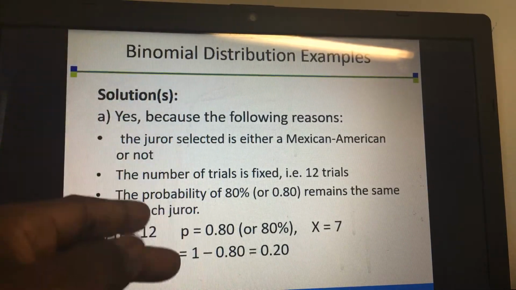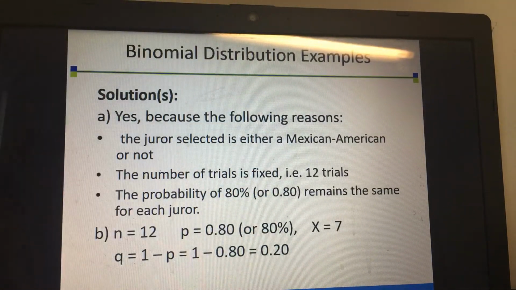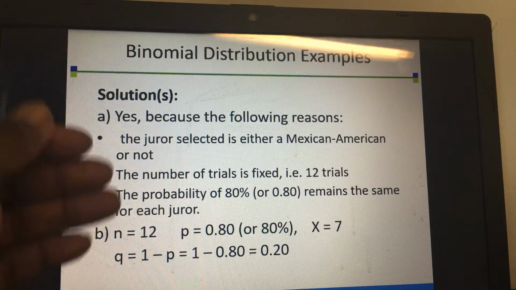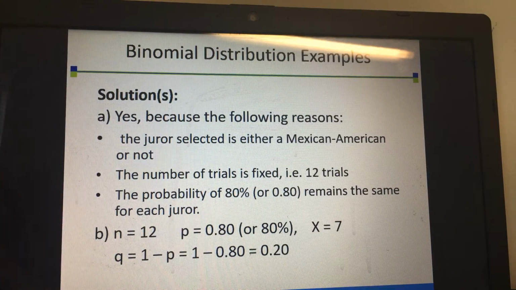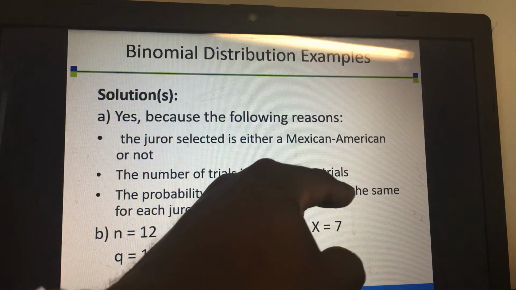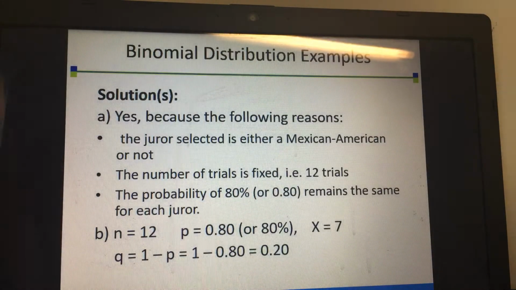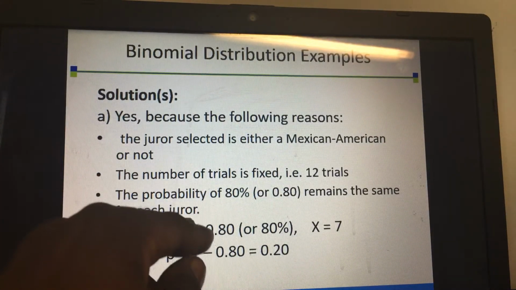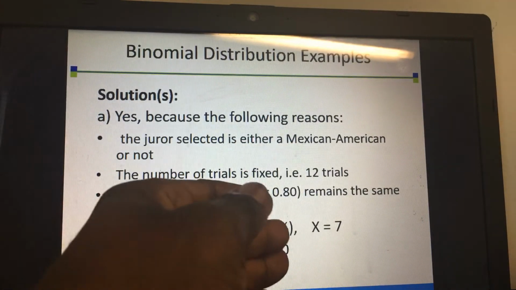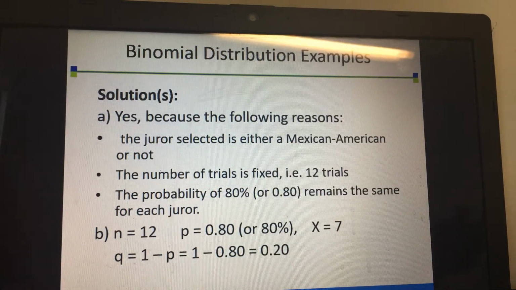There are two outcomes: either they are Mexican American or they are not. Two, the number of trials is fixed, 12 trials, because 12 jurors will be selected. Three, the probability of success is 80%, which is 0.8, and this remains the same. That makes it a binomial. That's how you know that this question is a binomial probability problem.